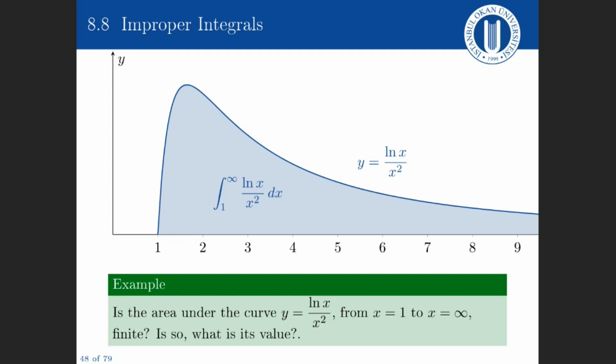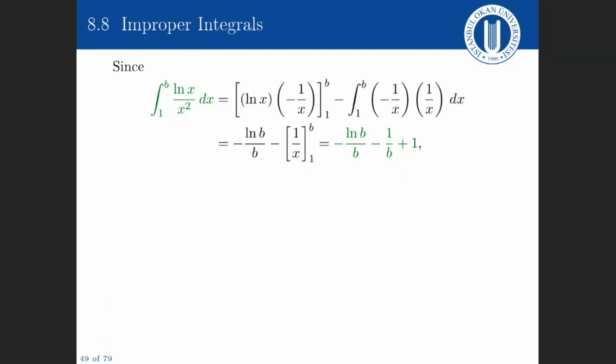And if the answer is yes, what is its value? Step 1 is we replace the infinite limit with a letter. Let's use b again. So instead of the integral between 1 and infinity, we're looking at the integral between 1 and b.